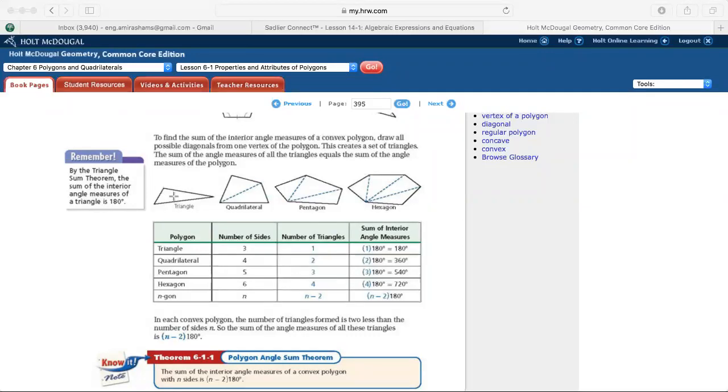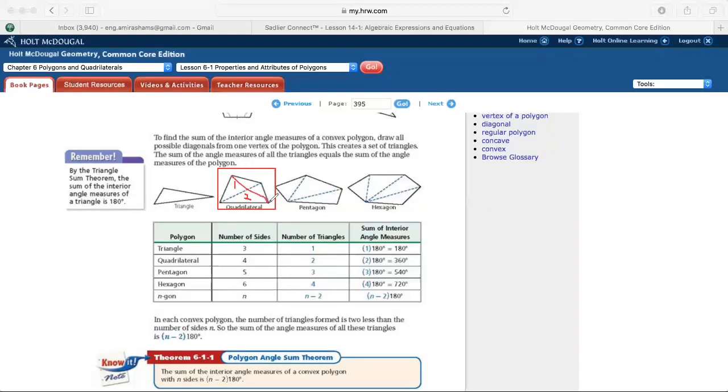Like the first case here, I have a triangle, one triangle. Okay, this case, the second one here, I have a quadrilateral. When I draw here a line, I formed two triangles, this one and this one. And don't draw another one.